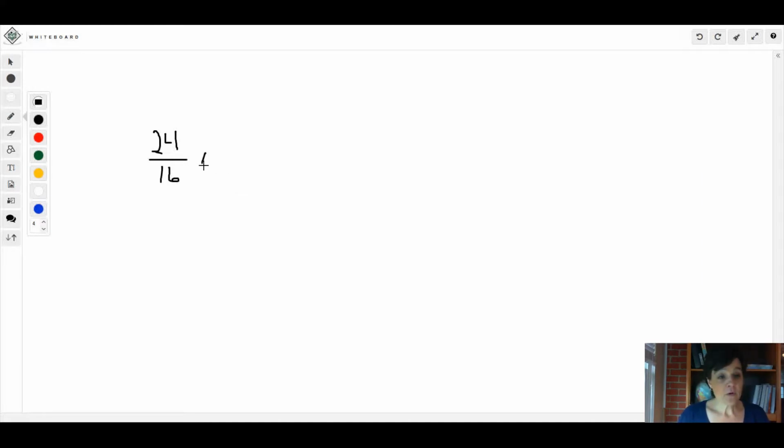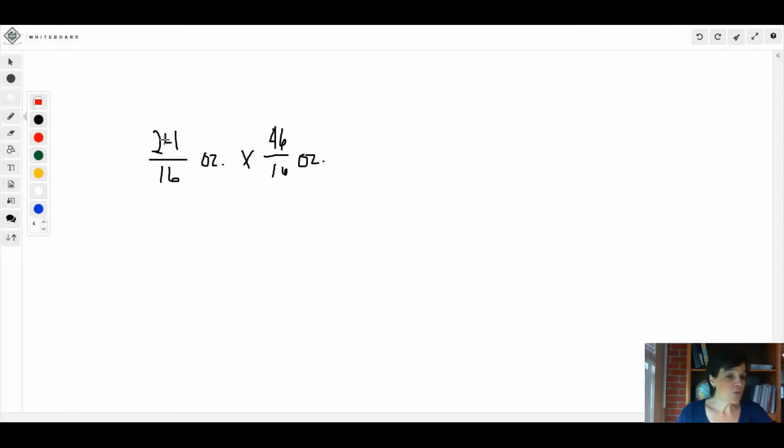Now I'm going to put OZ times 46 over 16. The problem says multiply and simplify. An easy way to do it, to make sure the answer you get is already simplified and you won't have to simplify it, is to simplify the numbers that you're multiplying first.